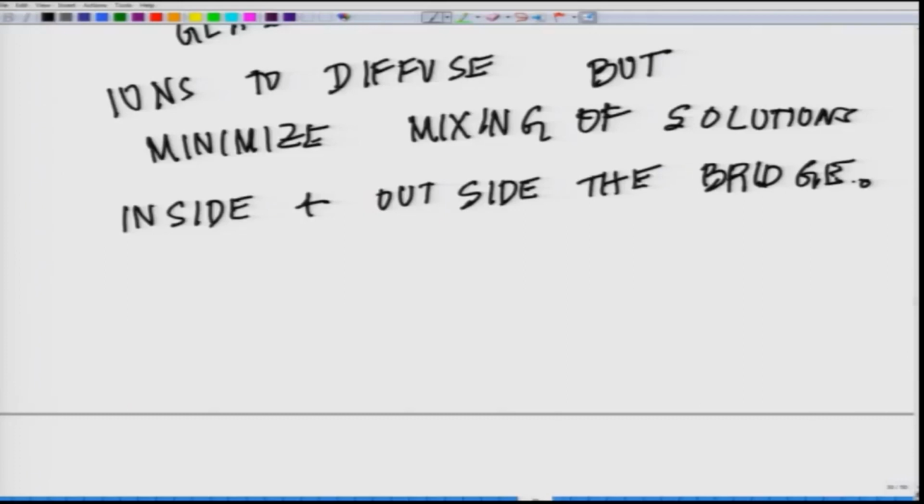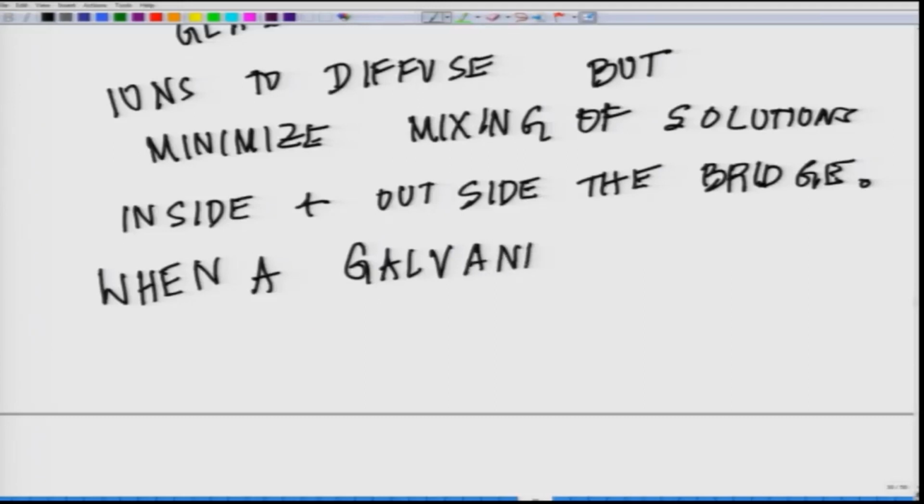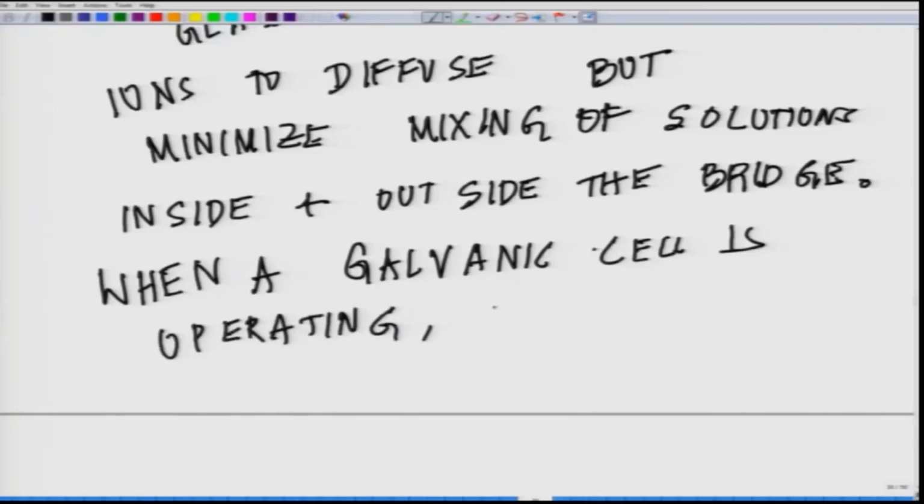So, it will not allow any further mixing. So, when the galvanic cell is operating, then potassium, so I have not introduced this, I will complete the drawing.